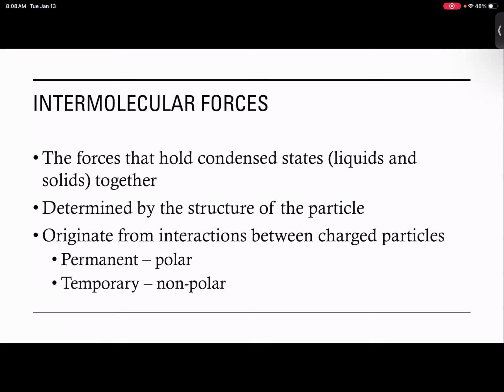Permanent dipoles also occur in polar molecules where you have an end that is permanently positive and an end that is permanently negative. But we can also have what are known as temporary dipoles, which will occur in nonpolar molecules. And these temporary dipoles occur due to the movement of electrons. We cannot think of electrons as being stationary. You've got to think of them as being something that is in constant motion.